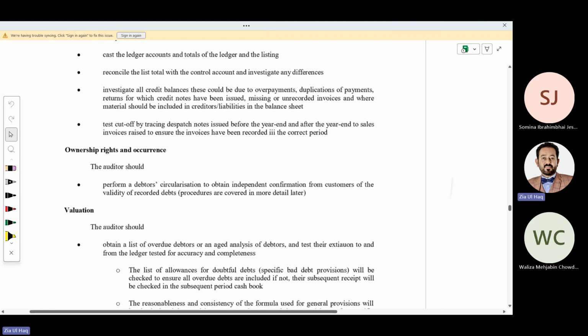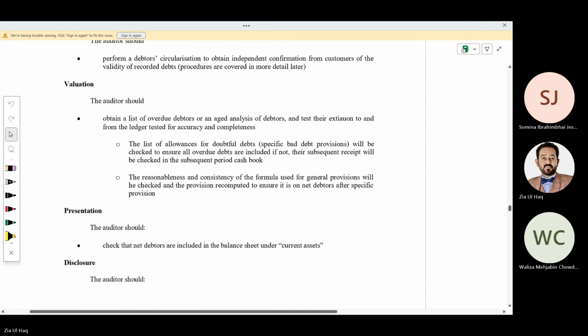How can we verify valuation? We need to inspect the age analysis copy of management to ensure whether they have created a provision for doubtful debts properly or not. And we need to inspect cash receipts in the post year end period to see whether cash has been received against debtors.